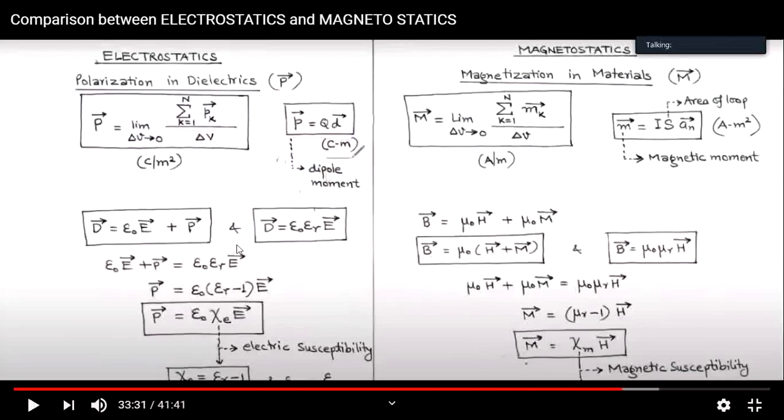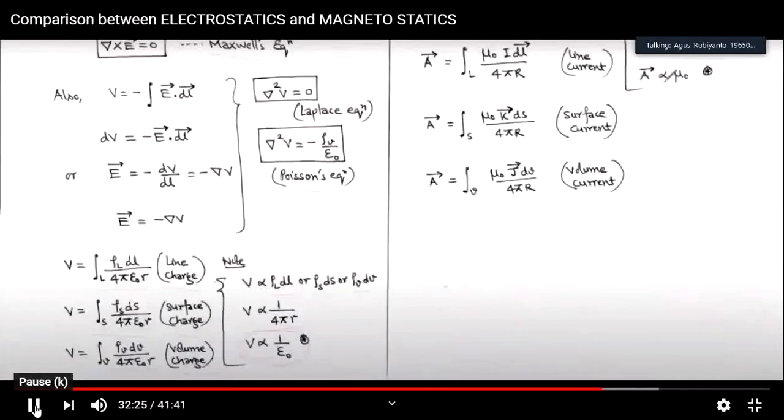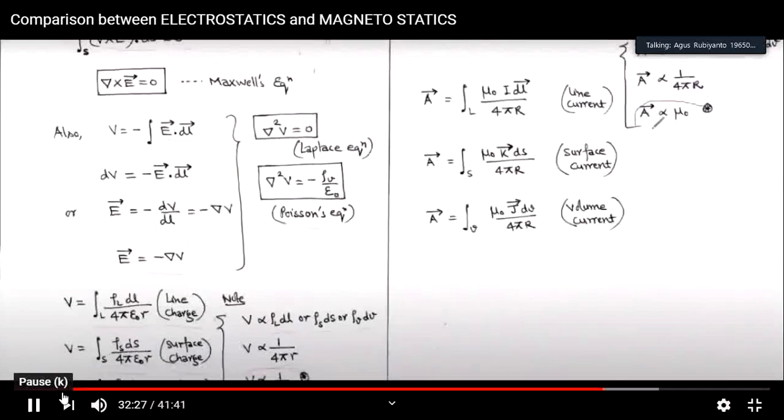Ini nanti kita pelajari di Medan Elektromagnetika 2 ya, ketika kita bahas mengenai bagaimana di material. Tapi saya kembalikan ke sini lagi ya, terkait dengan yang pertama. But in case of magnetic vector potential, A vector is directly proportional to mu naught.